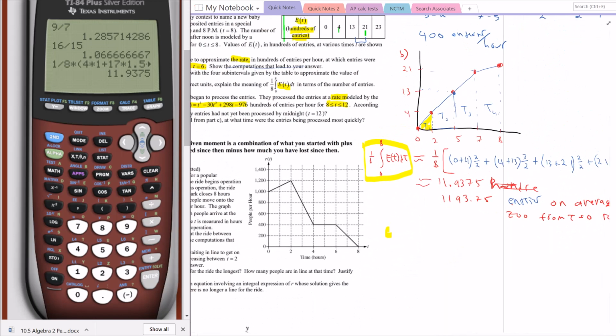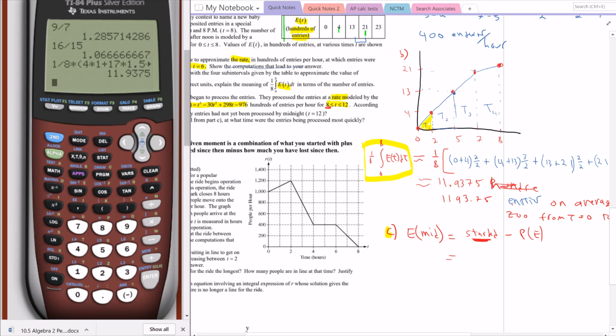So we have to think, well, we're going to start processing entries, right? We want to know the number of entries at midnight, and how we get that is the number that we started with, and then we subtract the number that get processed. How many entries do we have at 8, when we're going to start processing them?